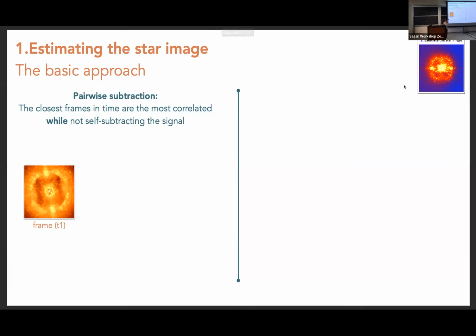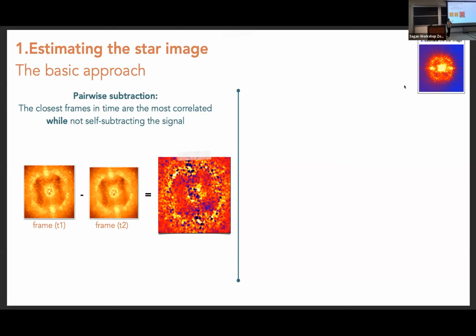For instance, if you take the first frame here of a random image sequence from the SPHERE instrument, and you remove the second one, you see that you still have a lot of residuals, but it's better than the first one. That's the very basic thing. It turns out the optimal angular movement that you want for your companion is 0.5 λ/D, but this depends on the distance to the star as well.